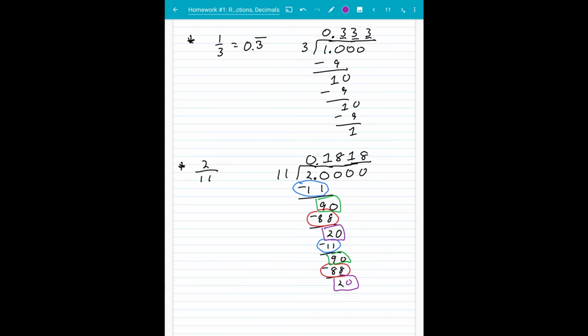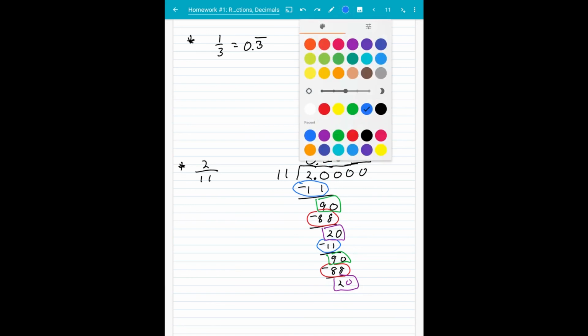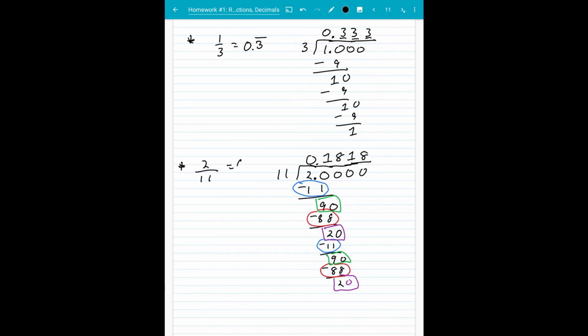So the numbers being subtracted here and here and here and here alternate, or the result numbers, 90, 20, 90, 20, those alternate as well. So if those alternate, these numbers will alternate. It's a pattern. So now that you can see the pattern, the 18 is a repeating number, we can say 0.18, with the 18 repeating. And that would be the answer for that.